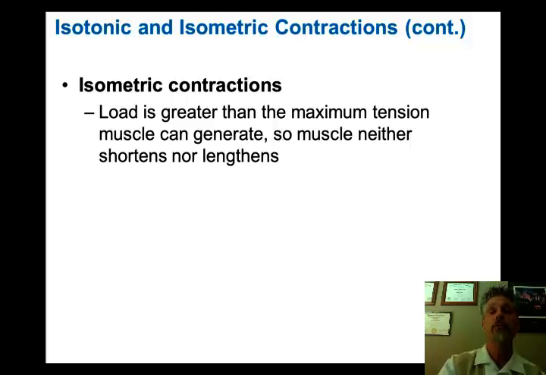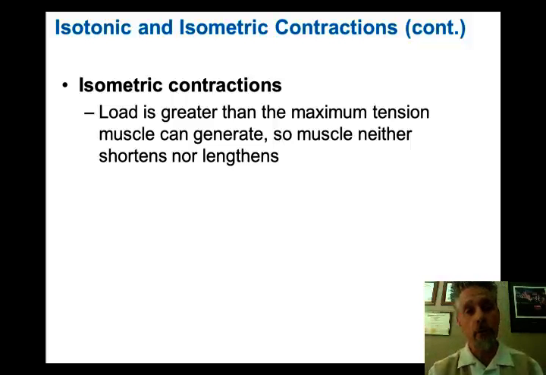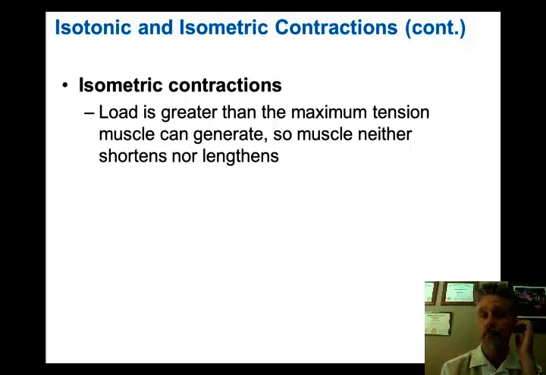During that time when you're generating force but the suitcase isn't lifting and the muscle isn't shortening, that is an isometric contraction. But once you pick up that suitcase and it starts moving, now you've changed over to an isotonic contraction instead. We don't need to generate or change any more tension, but now the length is going to change instead.